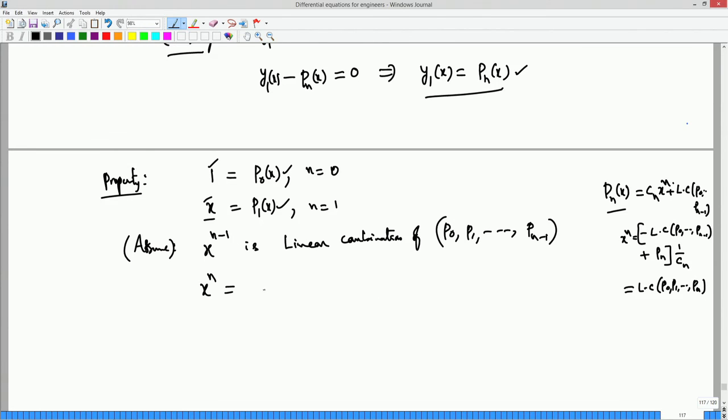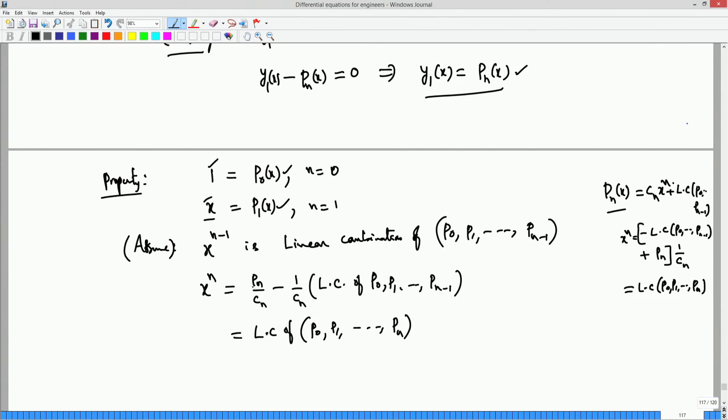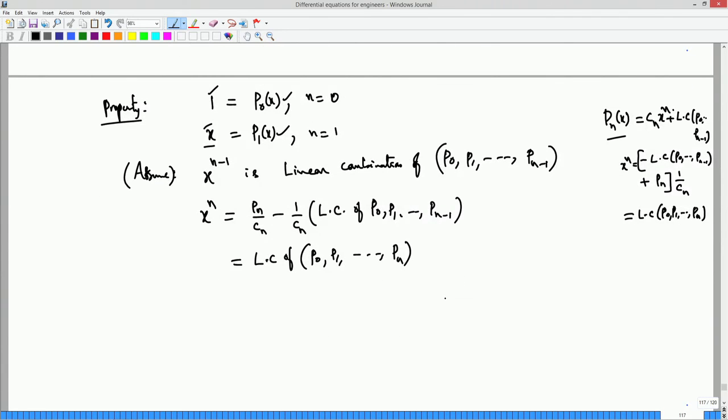So, you can write it like this. x power n you can say simply Pn by Cn, minus 1 by Cn times a linear combination of P0, P1 up to Pn minus 1. So, this is nothing but a linear combination of P0, P1 up to Pn. So, that is it.